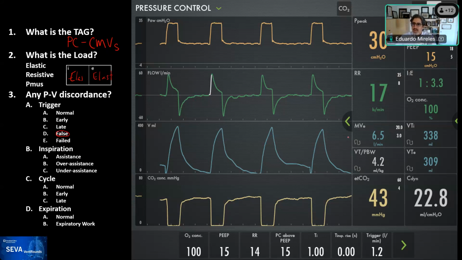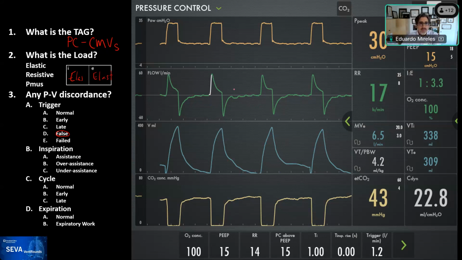So I would ask, what makes you think that this is a false trigger? Because it's not only what the trigger is set at, right? That the trigger can be set. Yeah, there you go, Annika. So Annika says, well, I see some cardiac oscillations, and none of the other breaths are triggered. Good. That's one of the markers. Okay, what else?